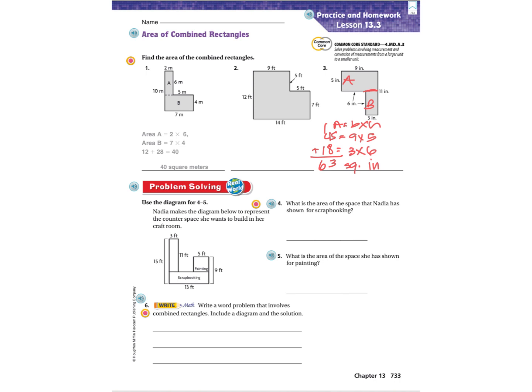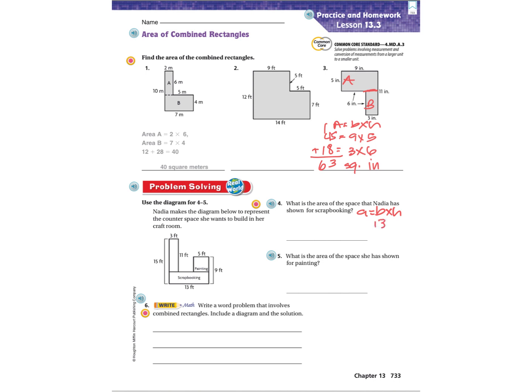Ready? Say. A equals B times H. And then, because we write the formula every time, we're going to be able to remember it. Okay, so now the base for scrapbooking. Think and say. 13.